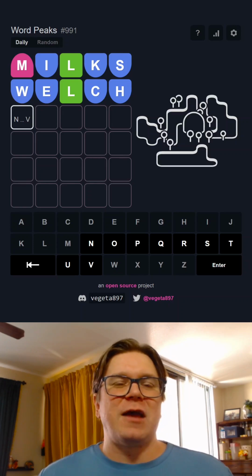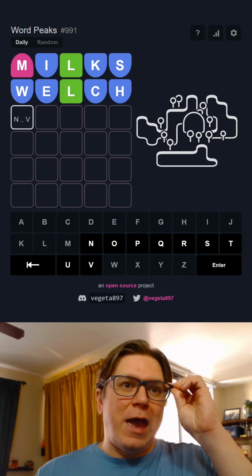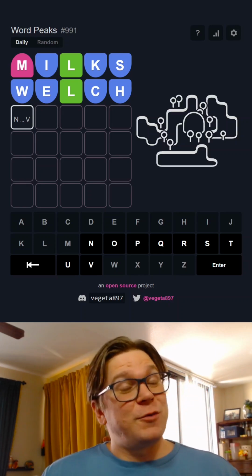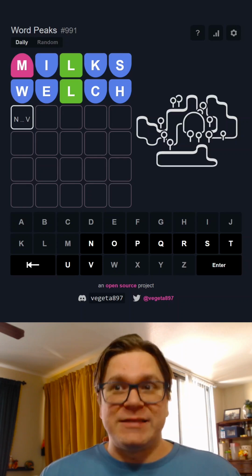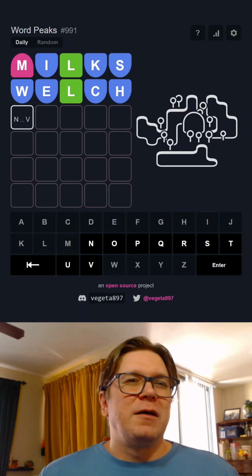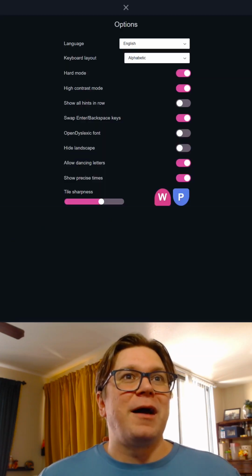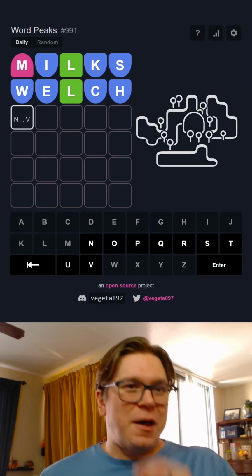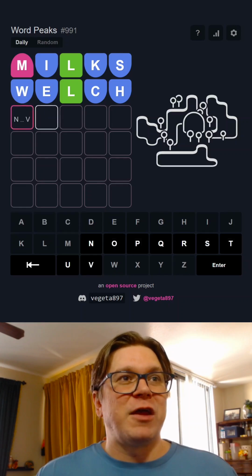So the answer has to always be in that range. And so it might be very, very difficult to see what word that is, but it will always exist inside of there. So I haven't clicked on the hard mode yet, but I believe I will. Oh, I do have hard mode on. Okay, so that means that I can't use these ones outside of the ranges.